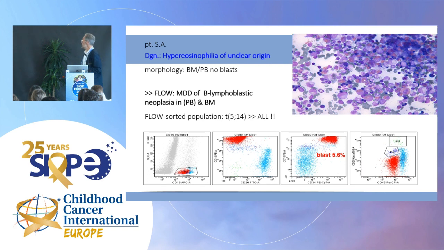What should I do? You have to look by flow, you have to look for blasts, for B lymphatic blasts, because if it's the 5;14, you better give them chemotherapy. So this was, for example, the case. If you look here, it's a very mixed marrow, so you don't see it's really an ALL marrow. But by flow cytometry, you can pick them.